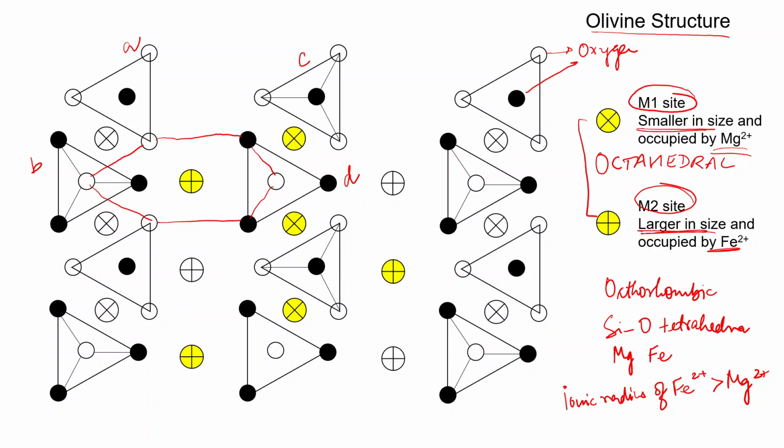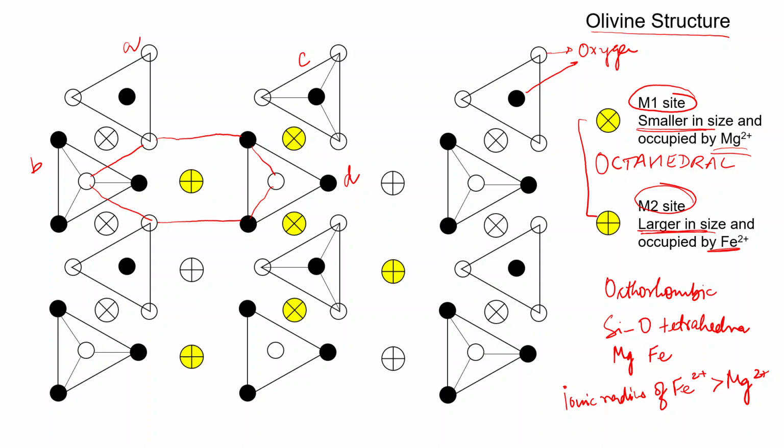We saw that in case of olivine structure, the isolated tetrahedra are arranged in two ways. For the formation of a smaller M1 site, we have the tetrahedra arranged in such a way that their bases are parallel. While in case of larger M2 site, they are located where the tip, the corner of one tetrahedron is facing the base of another tetrahedron.